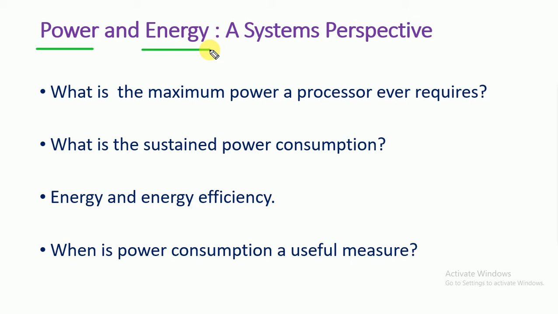Similarly, energy is related to power, but we consider energy when the power is specifically related to a task. If it is related to a particular task, it is called energy.